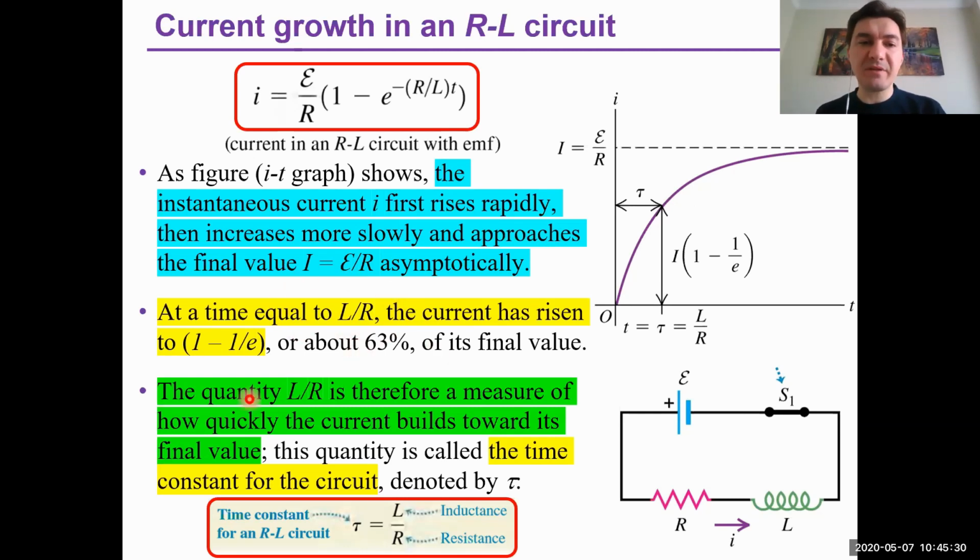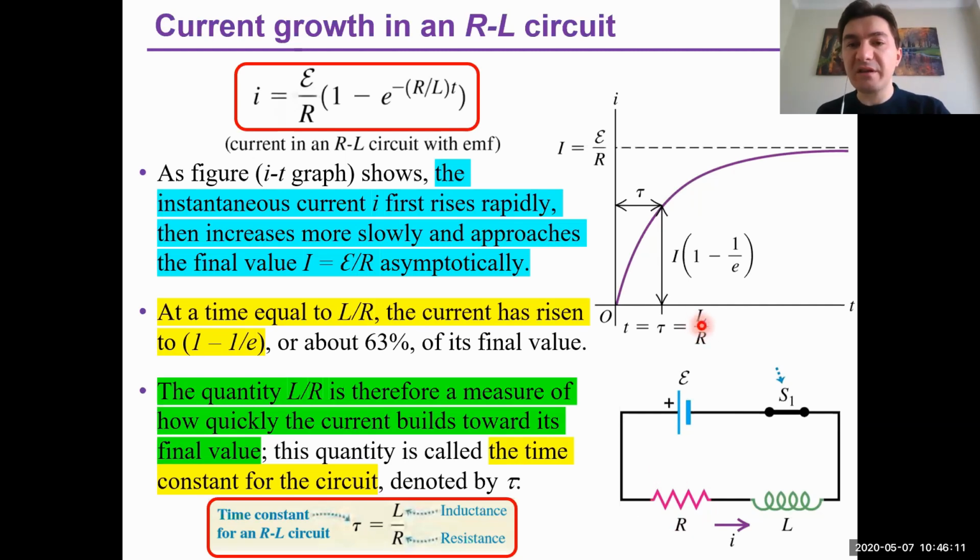This quantity, L over R, is a measure of how quickly the current builds toward its final value. So the time is called the time constant for this circuit, denoted by tau, which is given by that expression. So what do you see here? Time constant here. It depends on the inductance and also on the resistance, right?